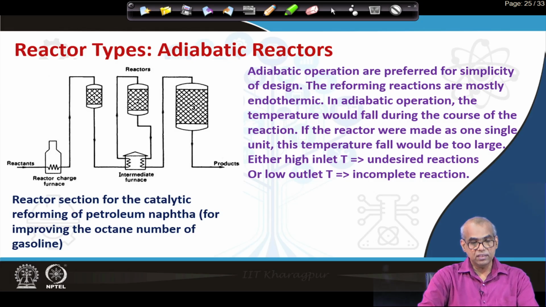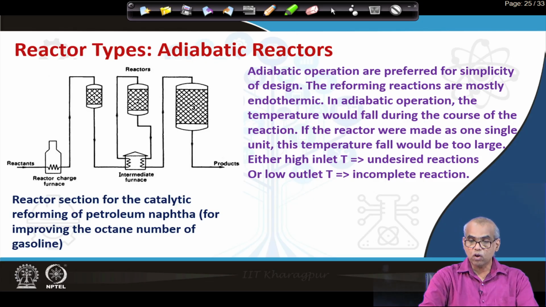What you see in the figure is the reactor section for the catalytic reforming of petroleum naphtha. The reforming of petroleum naphtha is done for improving the octane number of the gasoline. Adiabatic operations are preferred for simplicity of design. The reforming reactions are mostly endothermic.